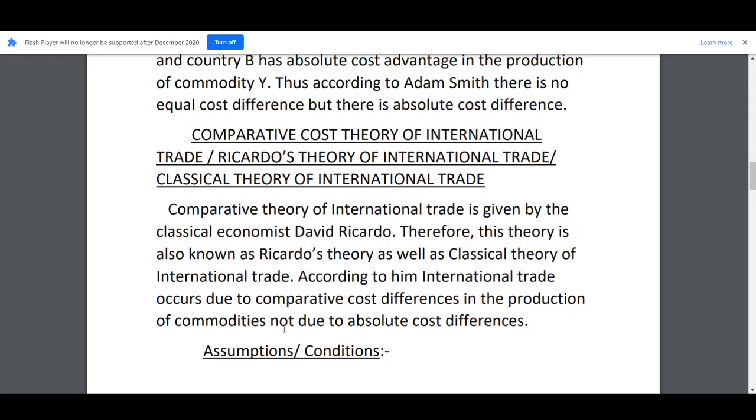Now, what are the assumptions? We already studied Adam Smith's theory of absolute cost difference.